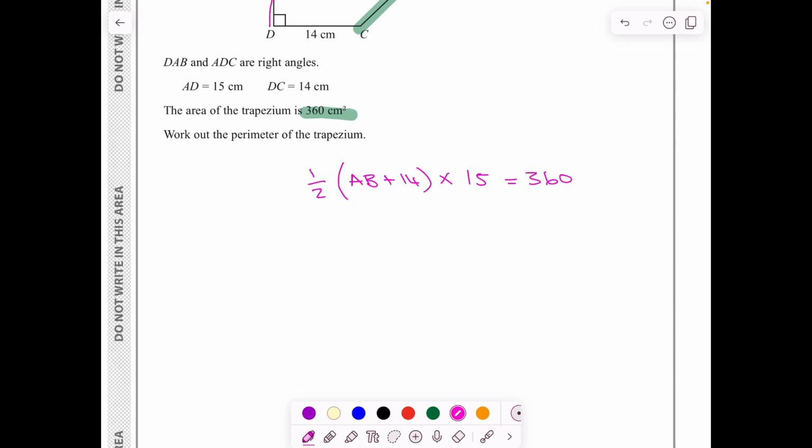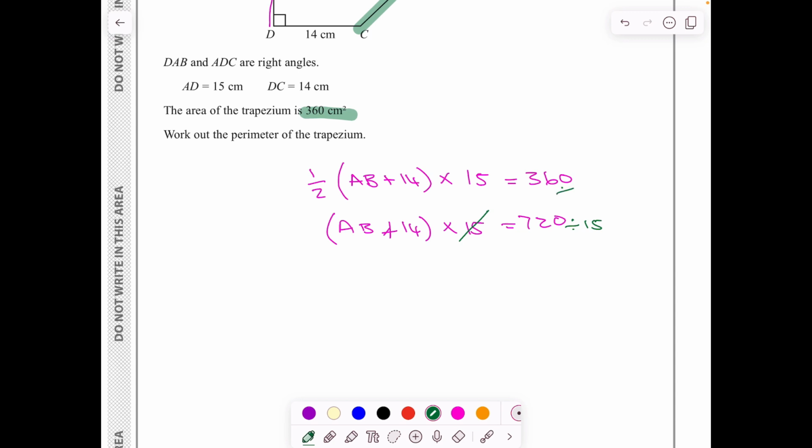I can divide by a half, and that gives me AB plus 14 times 15 gives me 720. Then I can get rid of the times by 15 by dividing by 15.